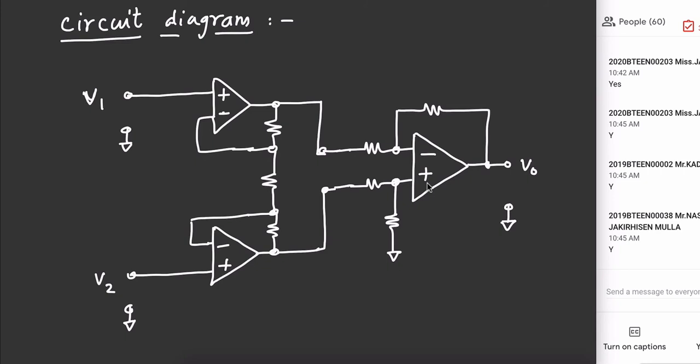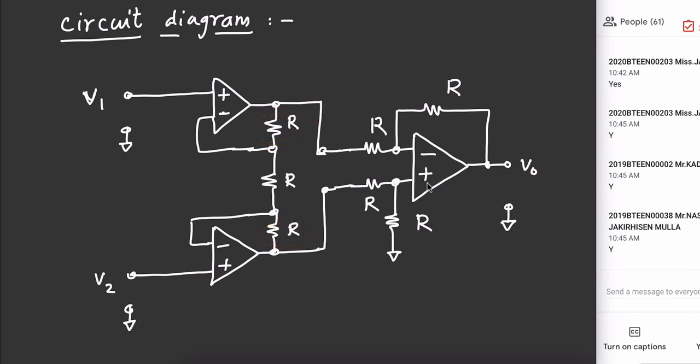So for the time being we use this R, R, R. Here these two resistors are made equal, this resistor and this resistor.